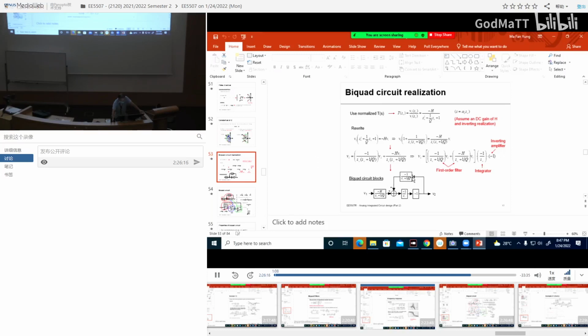So this equation can be redrawn as a circuit like this.